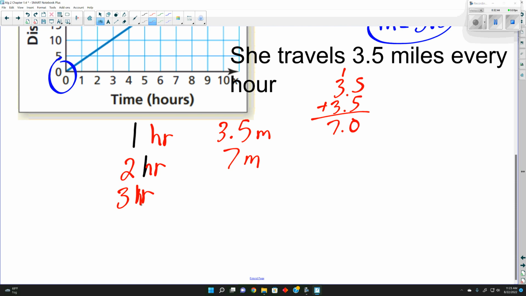In 3 hours, we can add again, and in 4 hours, we can add it again.